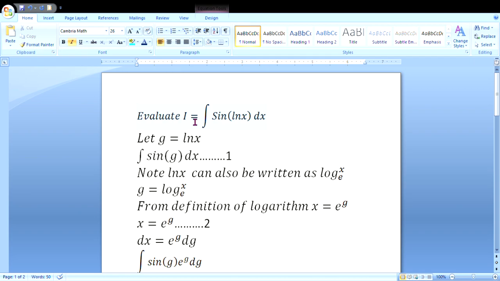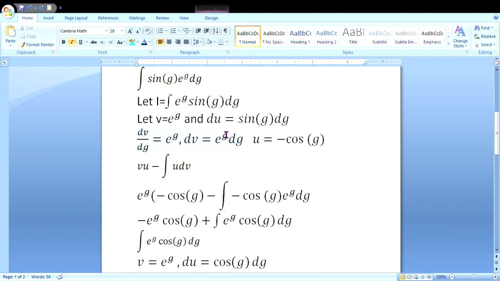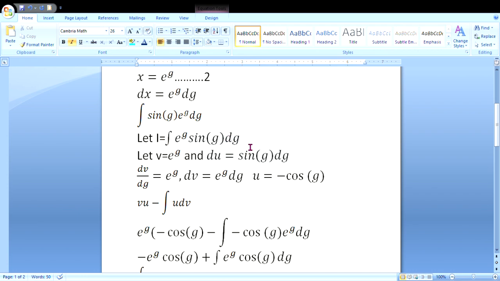We said that I is equal to this function. If you look at this function, they are the same.